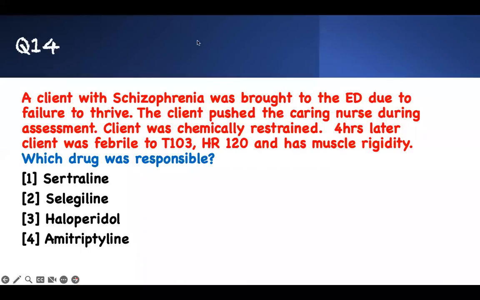Okay, what do we have? Which drug was responsible? Who is the problem? A client with schizophrenia was brought into the emergency room due to failure to drive. The client pushed the nurse during assessment. The client was chemically restrained. Four hours later, the client was febrile to 103, heart rate 120, with muscle rigidity.